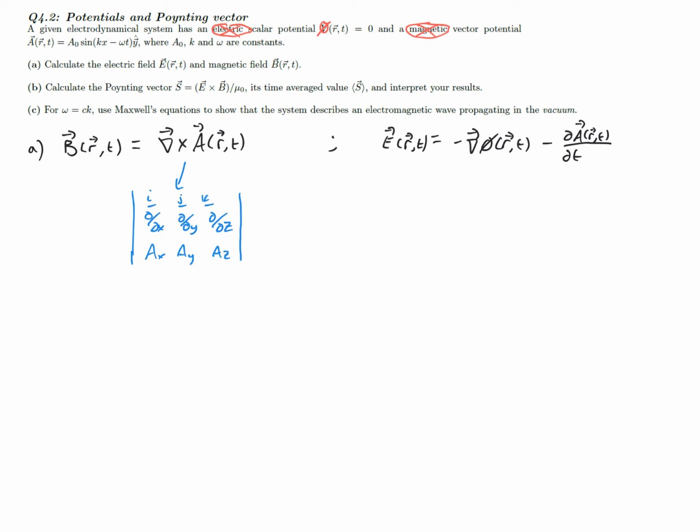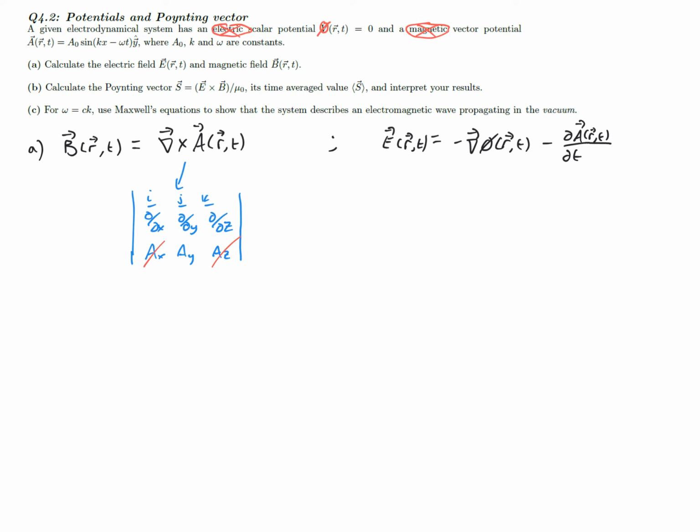We know from the question that the vector potential is only something that is finite along the y direction. So in this particular question, Ax and Az are out straight away, and that makes our life very easy.